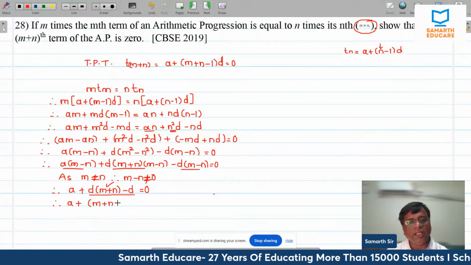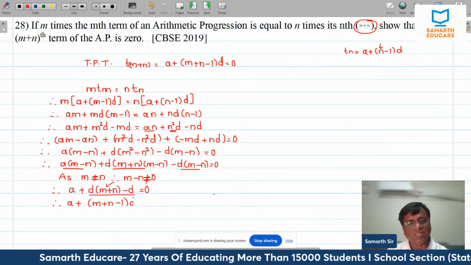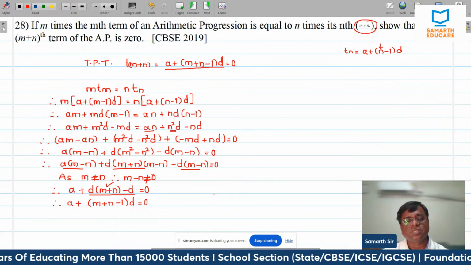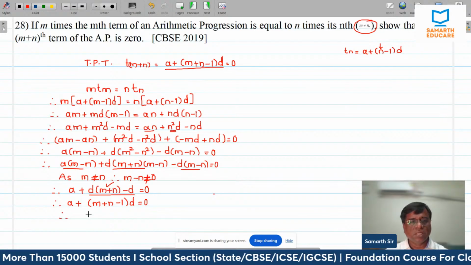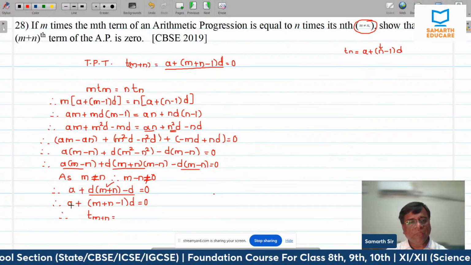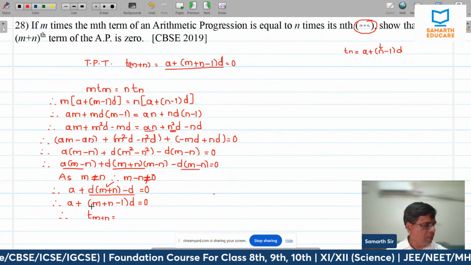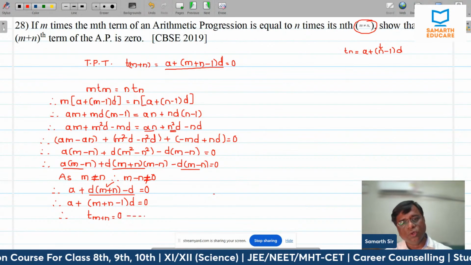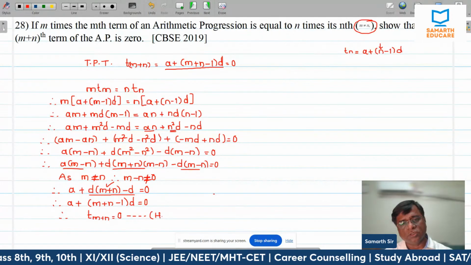From here when I take d common, minus 1 remains. Now what is this? If you observe, this is a plus, that means this is the m plus n term. This is the formula for the (m plus n)th term, and that is equal to 0. Hence I have proved this.